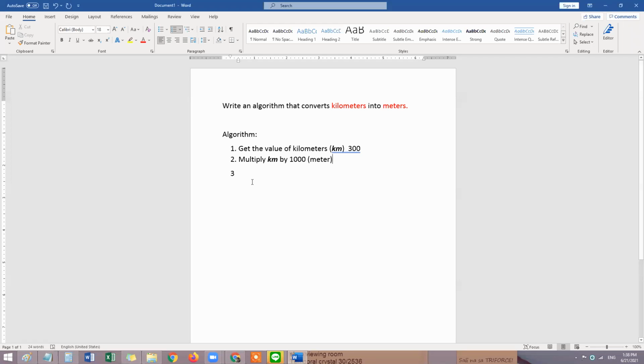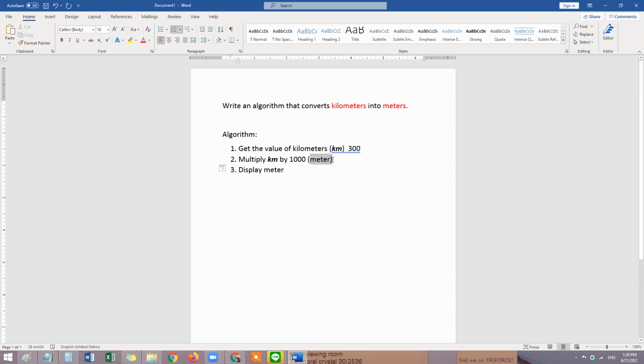Once you get the answer, which one will you display, km or meter? Of course, the meter. Okay, display meter.